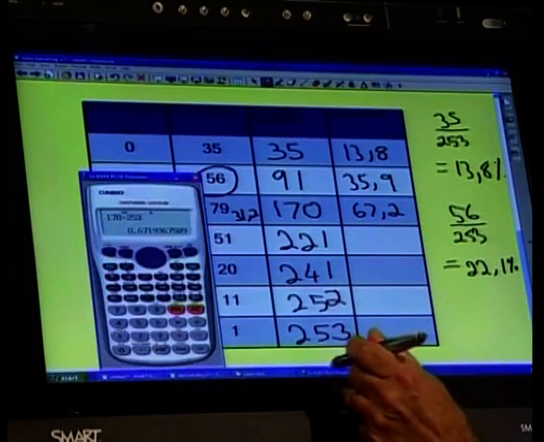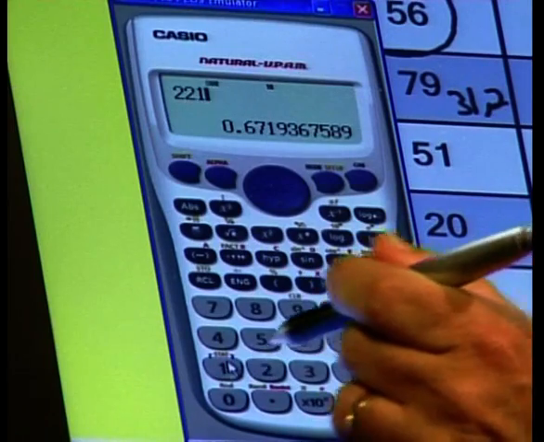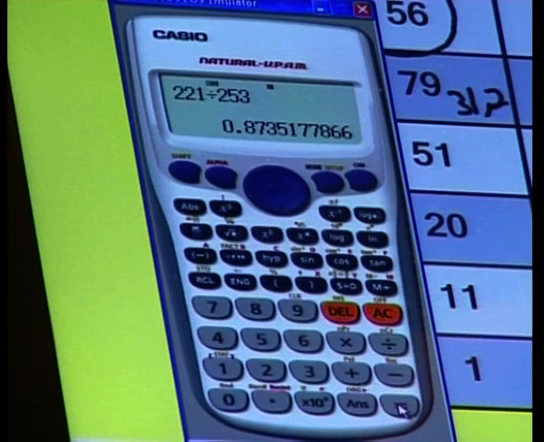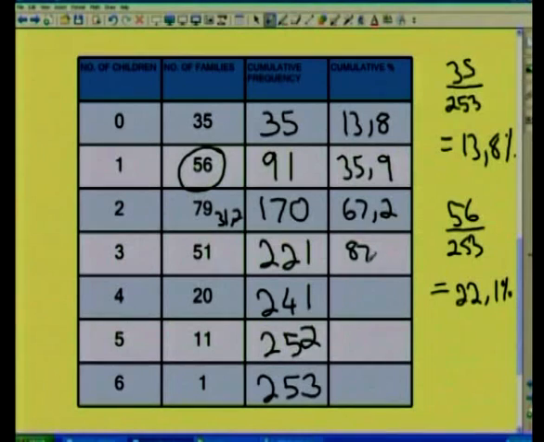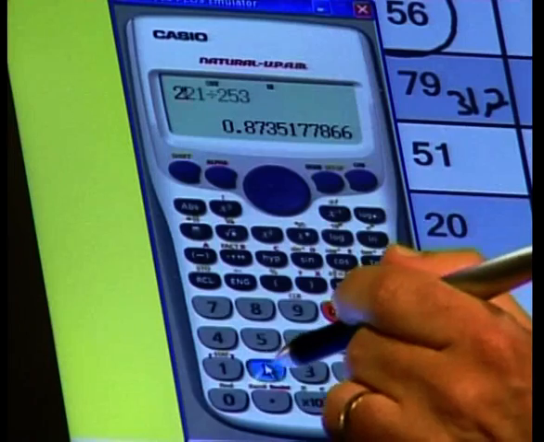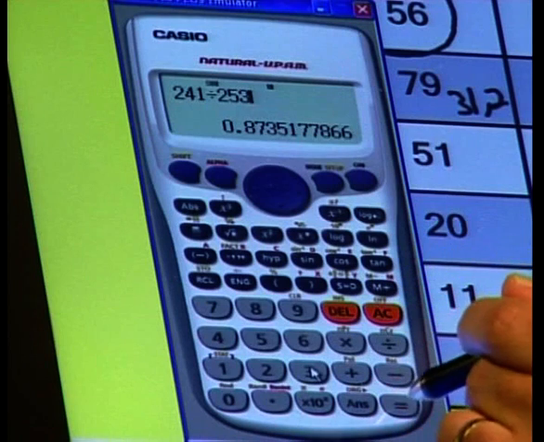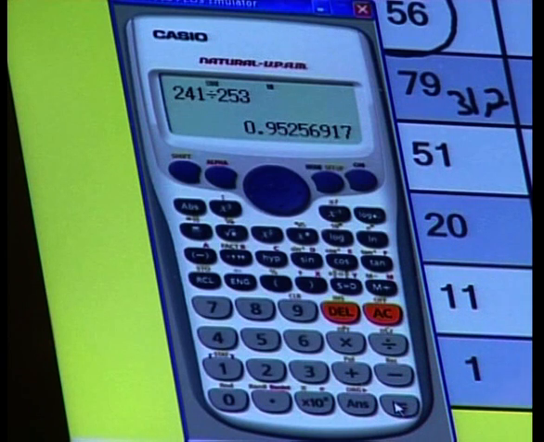Let's keep adding. 221. Now we're at 87.3%. 241. 95.3%.